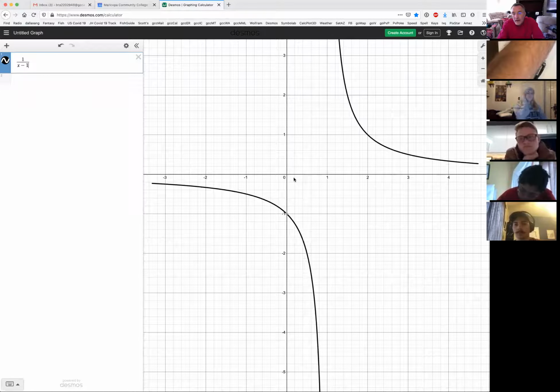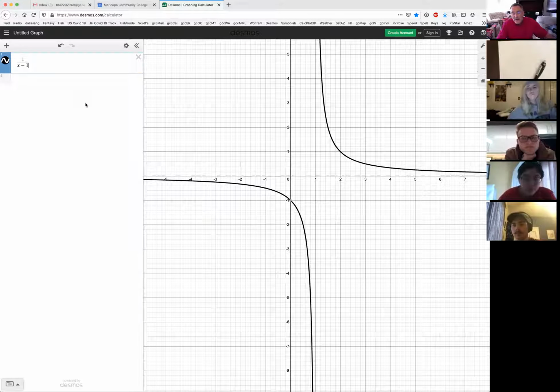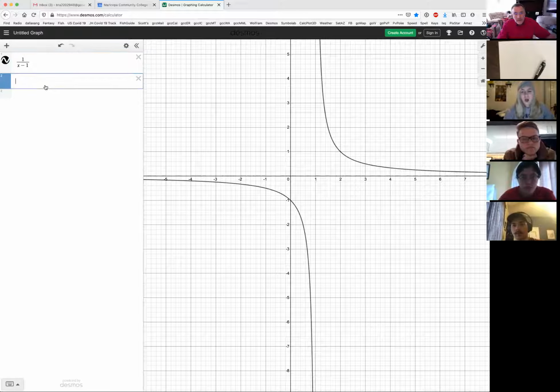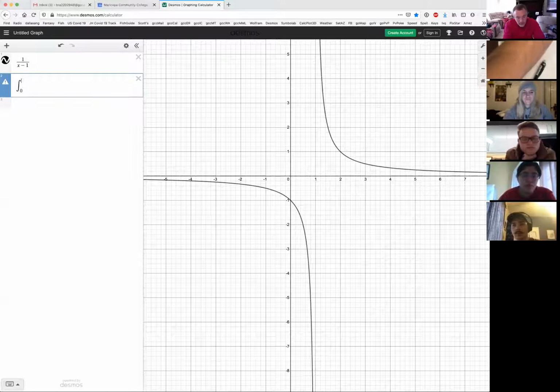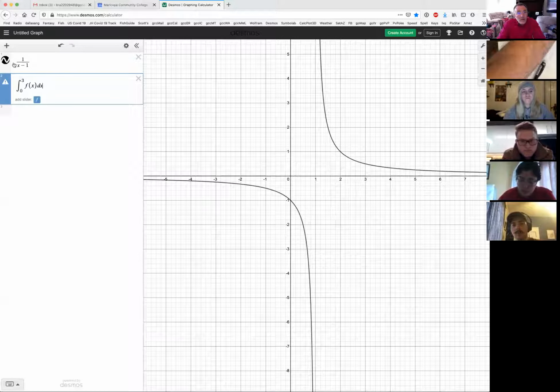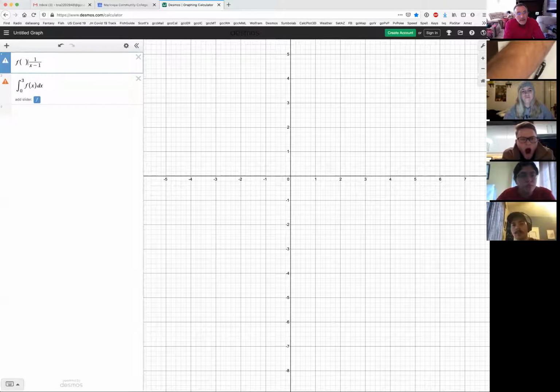Okay, so we say, oh man, I'm pretty sure I don't want to find the integral from 0 to 3 of this. That's going to be a huge problem. So what happens if I go integral 0 to 3 of f of x dx? I needed to call that f of x.